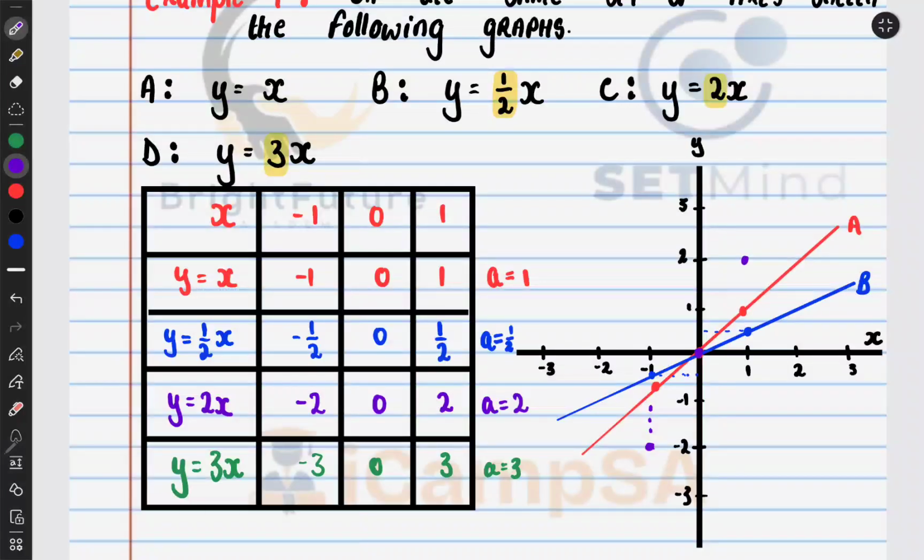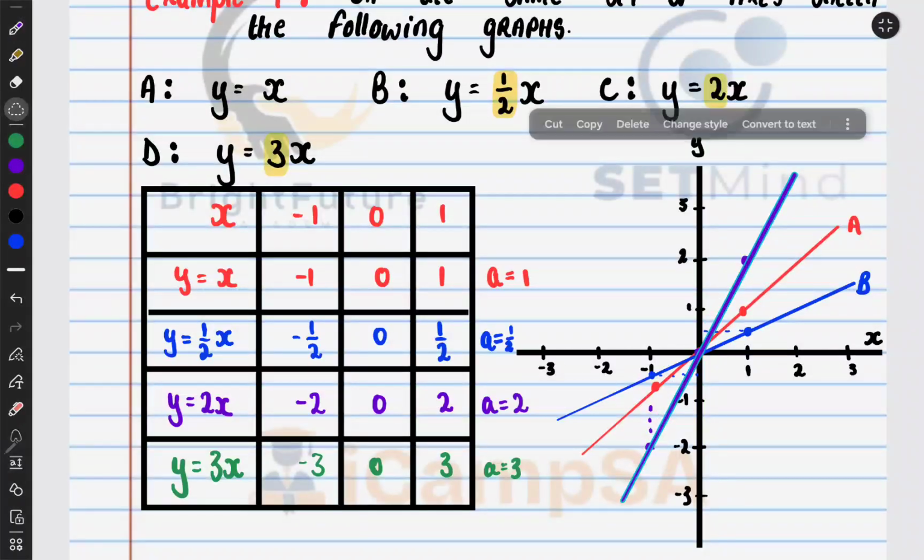We have now increased the value of a. Look what's happening: the steepness of the function increases. Okay, that is function number C.